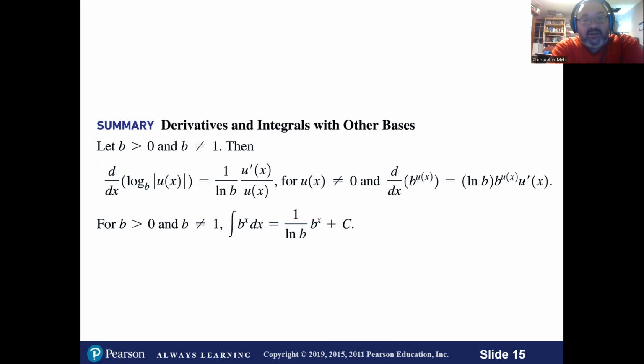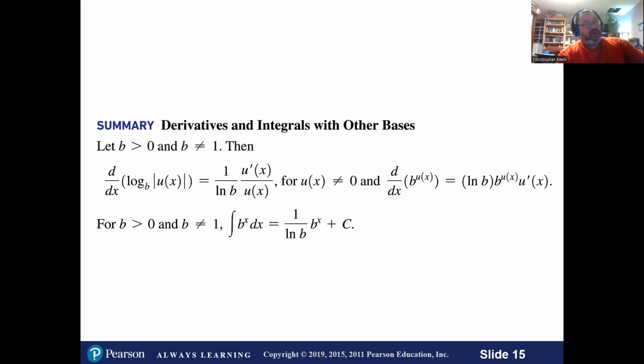Okay, to summarize, where b is greater than 0 but not equal to 1, the derivative of the log base b of a function u of x will be 1 over log b, times u prime of x over u of x.